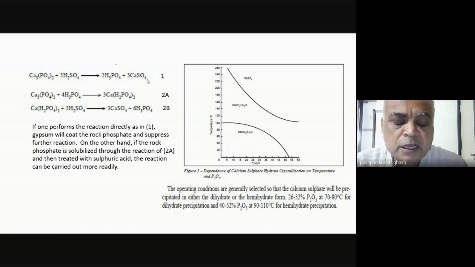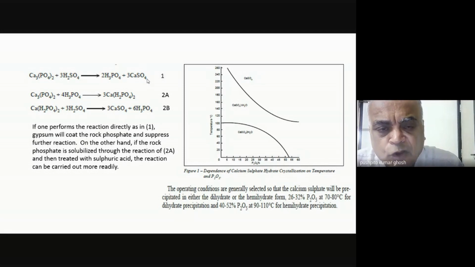So the gypsum that you get from fertilizer is not referred to as gypsum. It's referred to as phosphogypsum, but one and the same thing. It is still calcium sulfate and probably with 2H2O.